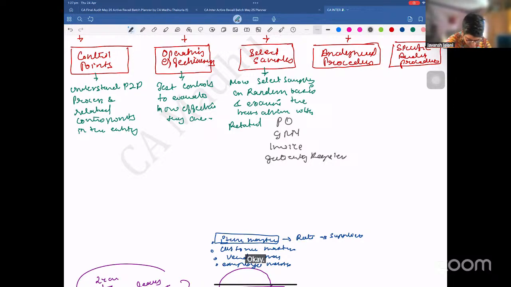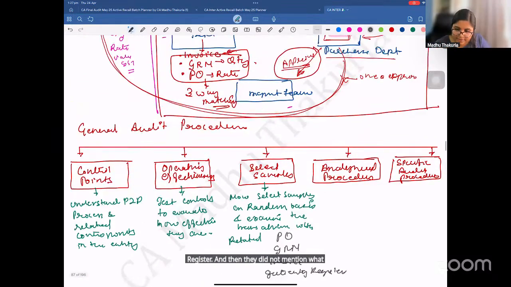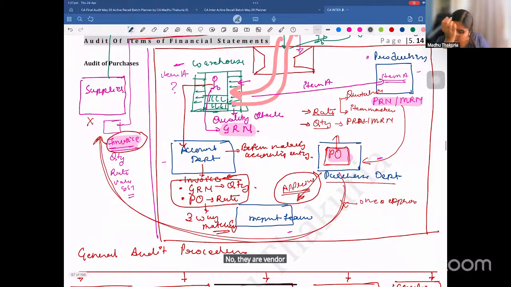Vendor reconciliation. No, vendor reconciliation and the statement is the last. GRN is done. Okay. Yes.